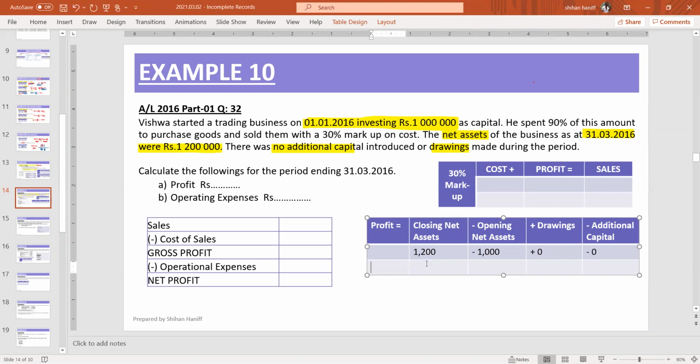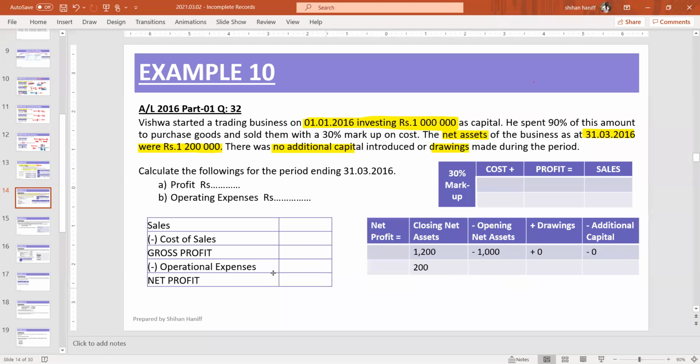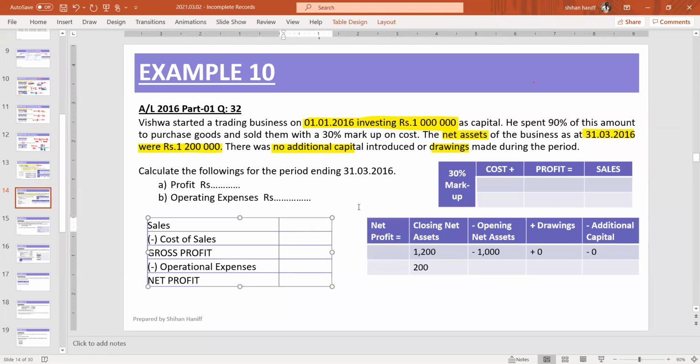Therefore, profit equals the net profit. This profit means net profit. Okay, net profit equals 200,000. Right. Now the net profit is 200,000.